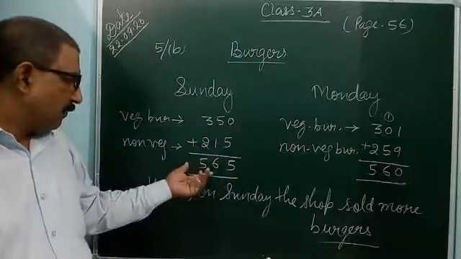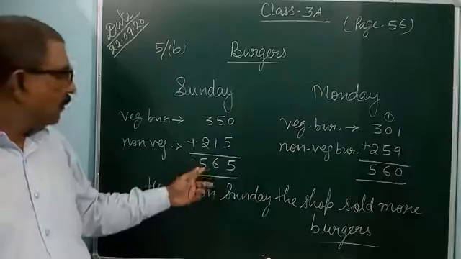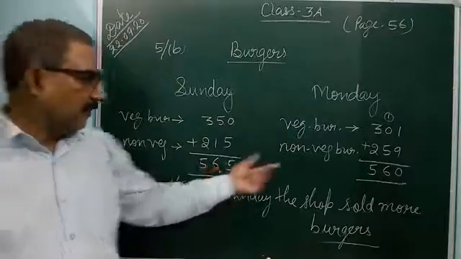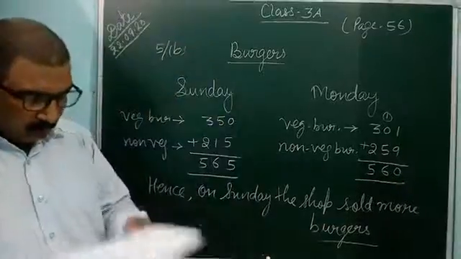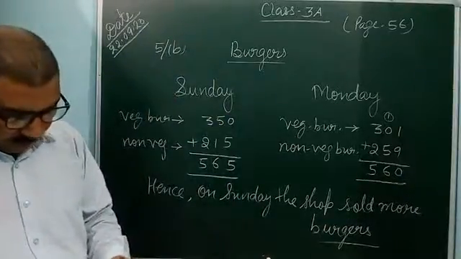On Sunday he sold more because it is 565. It is more than 560. So in this way you can do question number B.